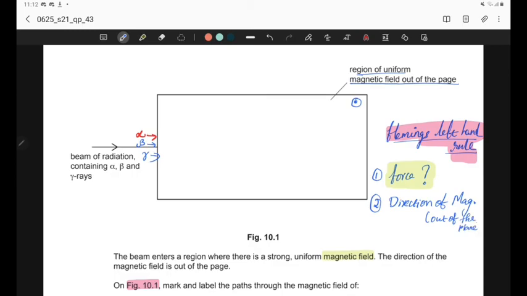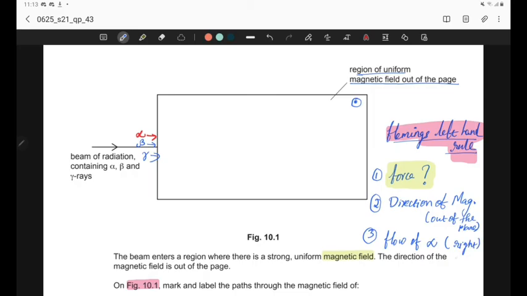We already know in the question it's mentioned this is out of the plane. That means you should point your index finger, the second finger of your left hand, towards your face. That means out of the page. The third finger, or middle finger, should represent the flow of current, or flow of the alpha particle, which we know is moving from left to right.